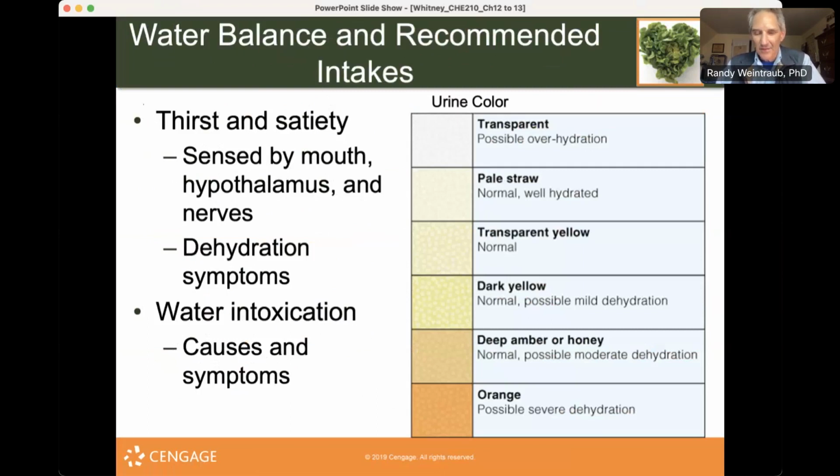One gross way to see our water balance would be the color of urine. It might be hard to detect, but you see a scale there on the right.